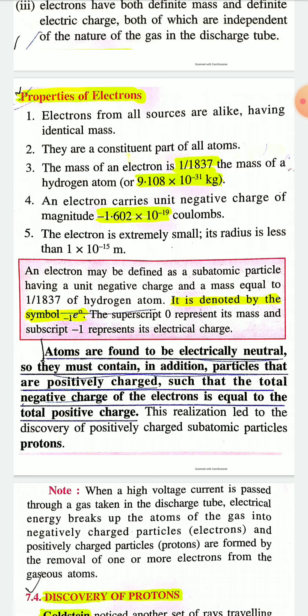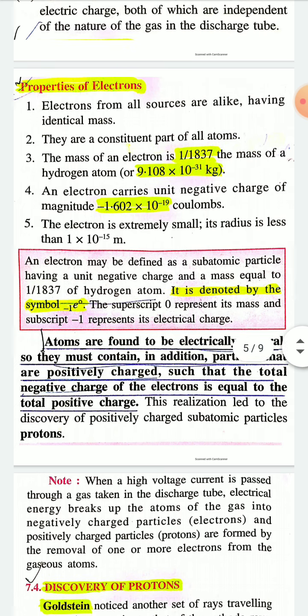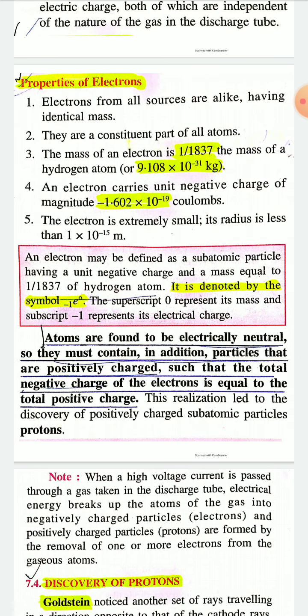And you know that atoms are electrically neutral. That means atoms contain an equal number of positively charged particles and negatively charged particles, such that the atom is electrically neutral.